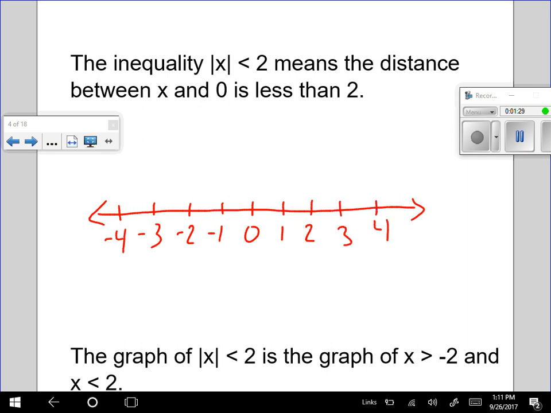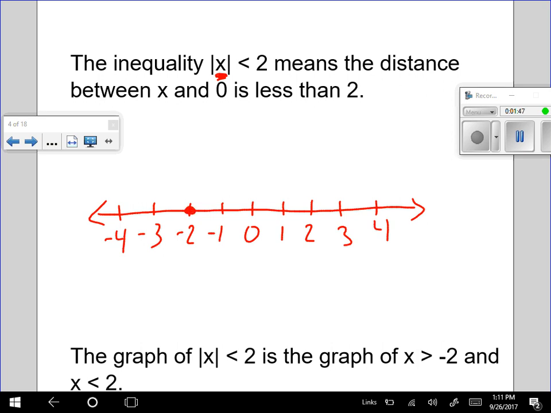The distance between whatever number I have here needs to be less than 2. So could one of my solutions be -3? Well, is the distance between -3 and 0 less than 2? No. So I only want to shade spots that are less than 2.